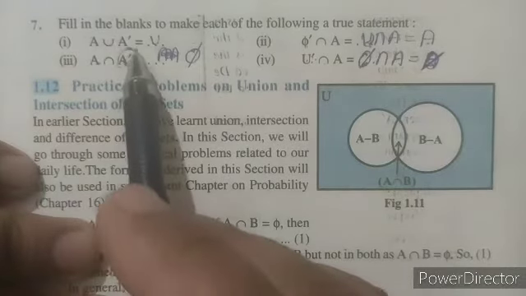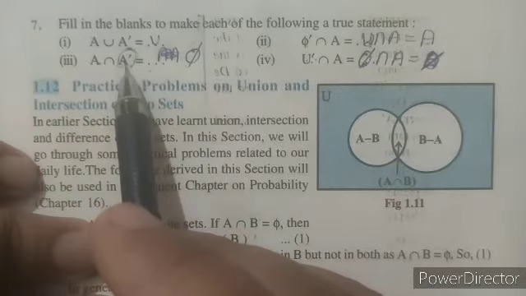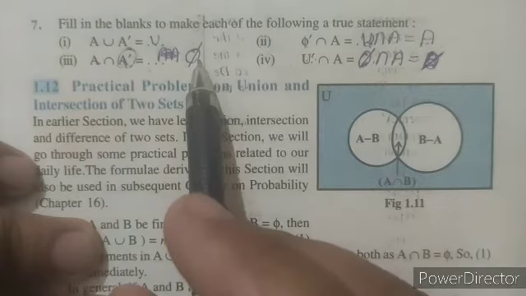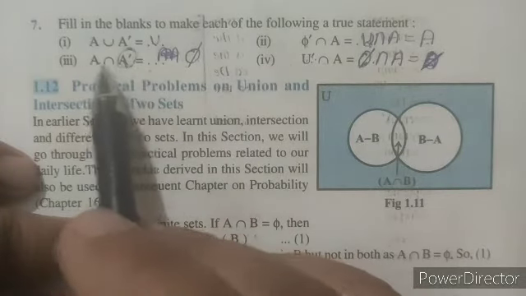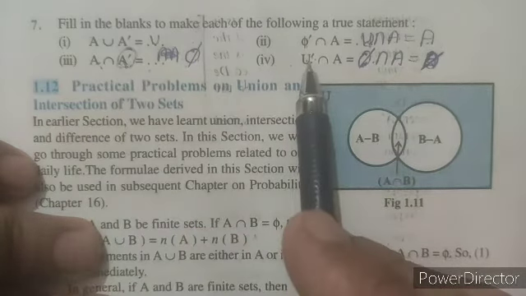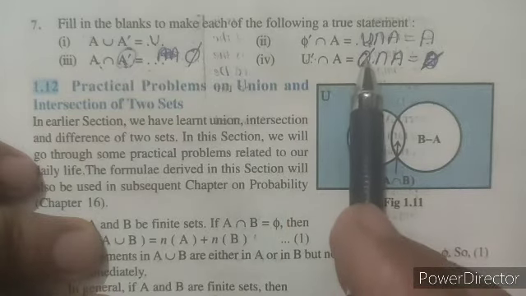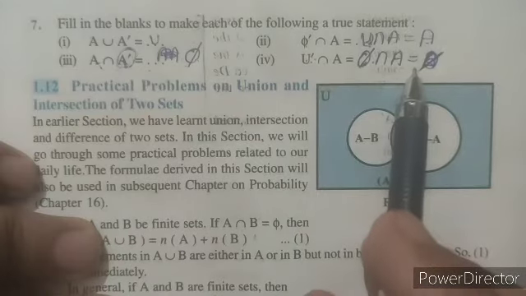A complement will have the elements which are not in A. So A intersection A complement will be equal to the null set, because they will not have any common element. Now the complement of the universal set is equal to the null set. Null set intersection set A will be equal to the null set.